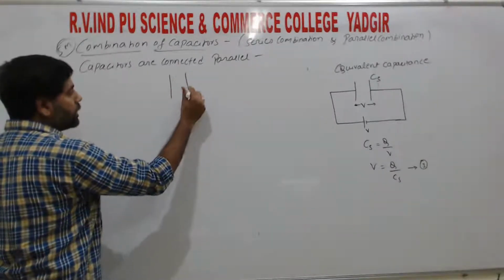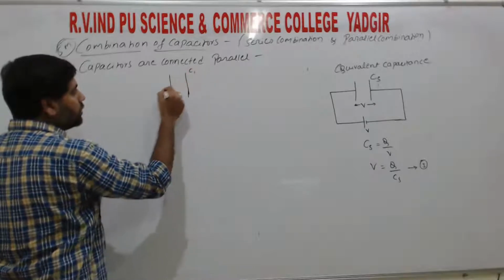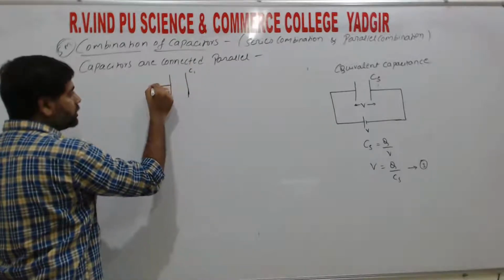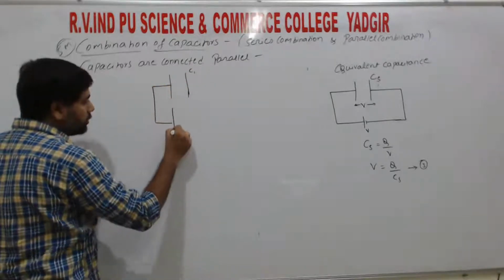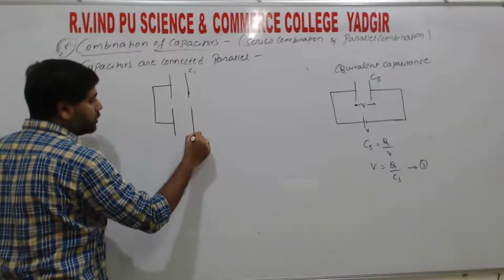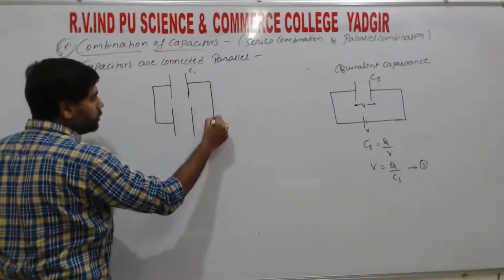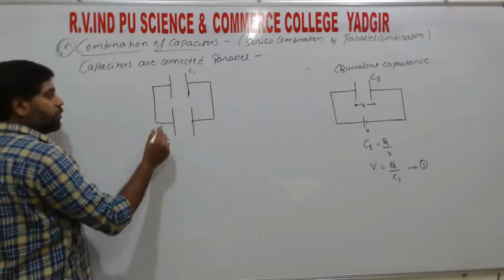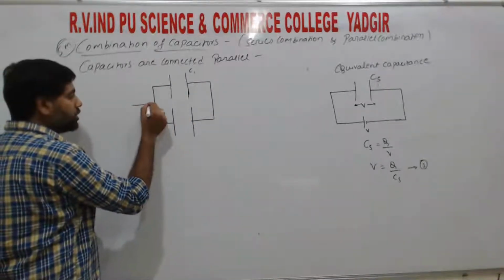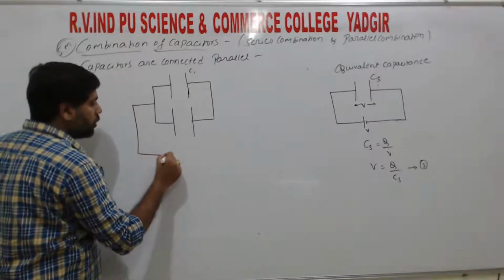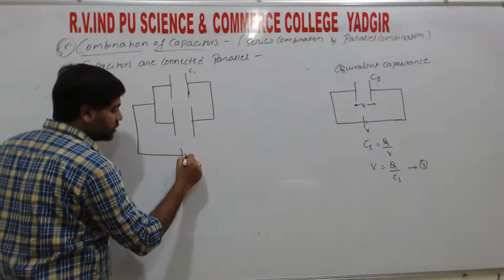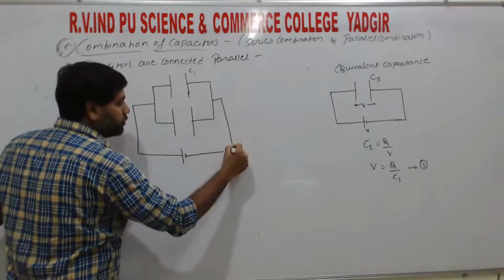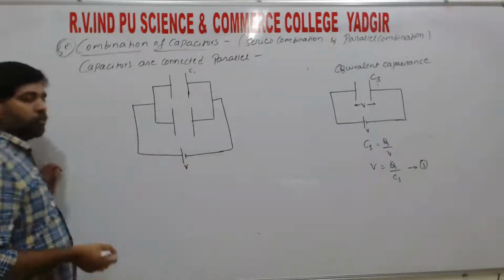This is the capacitor C1, and one end of it is connected to the same end of another capacitor. This combination we call capacitors connected in parallel. Now if we apply an external potential V across those capacitors.